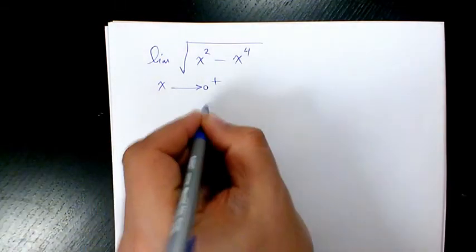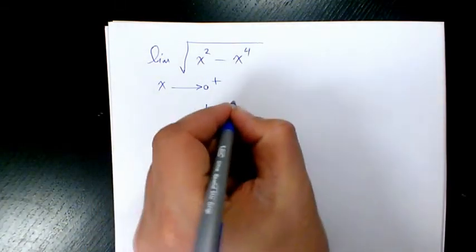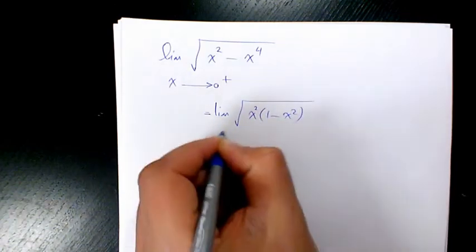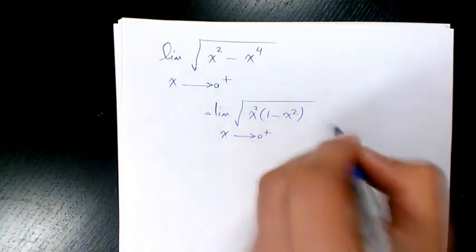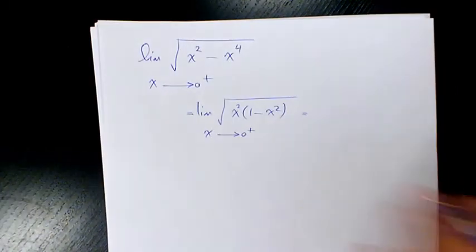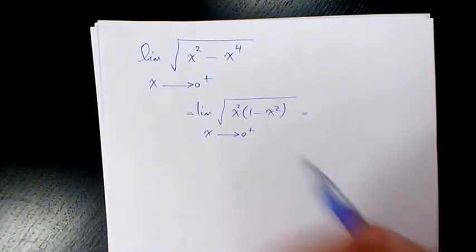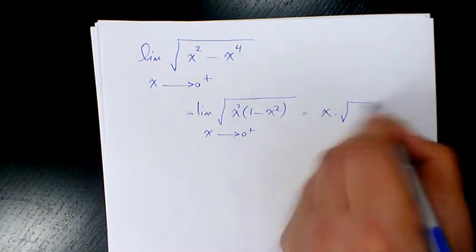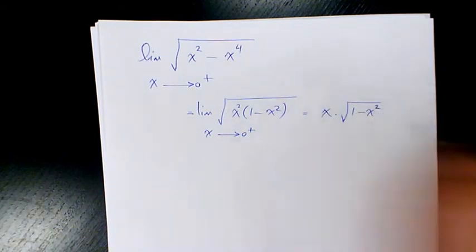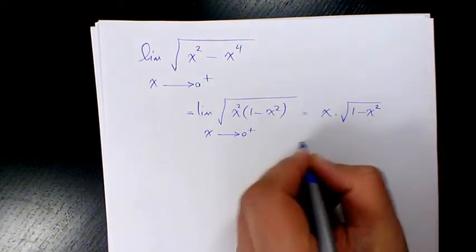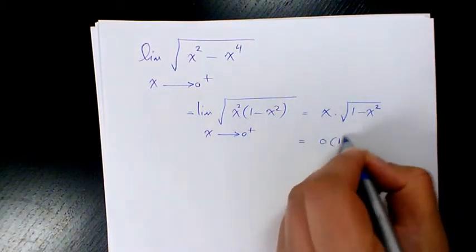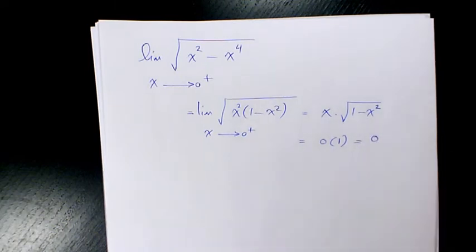So in that case, it's going to be x squared times 1 minus x squared when x is approaching 0 plus. In that case, we have x times the square root of 1 minus x squared, which is going to be 0 times 1, which is going to be 0.